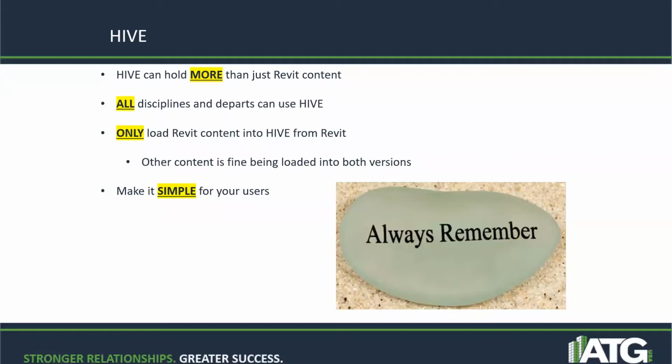So we want to make sure we're getting the right data that we need from Revit itself so we know, hey, this is coming straight from here. But we also know that other content outside of Revit, we can easily pull in not only from the Windows version, but from both versions.